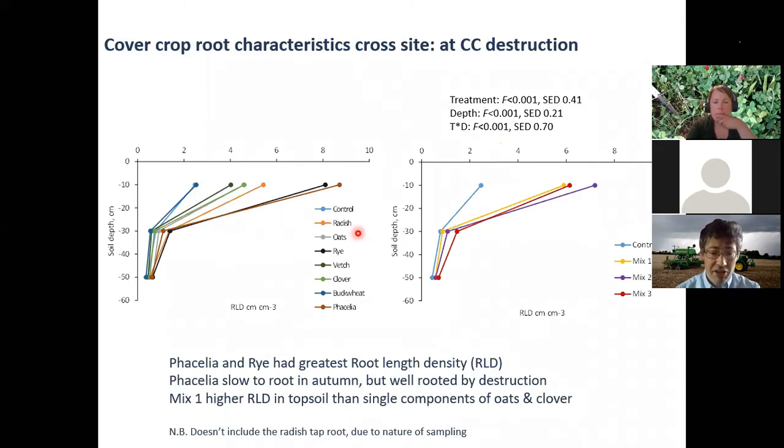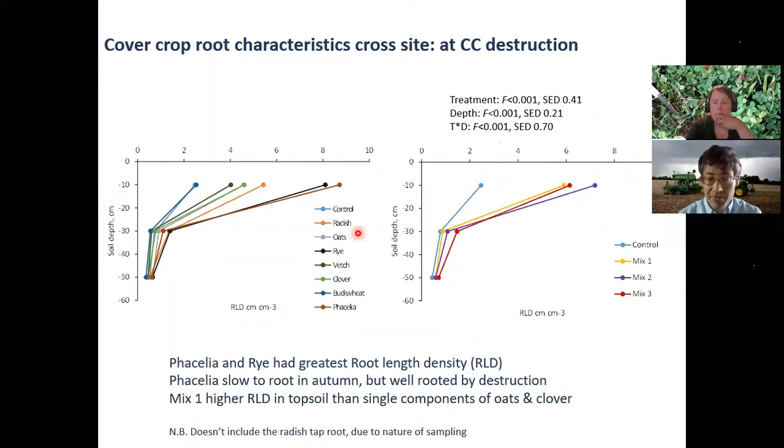The rye and Phacelia had the greatest root length density, which is a measure of the volume of roots, essentially. Some of the mixes had better root growth compared to the control. But individually, it was particularly the Phacelia and rye that stood out as being particularly good.